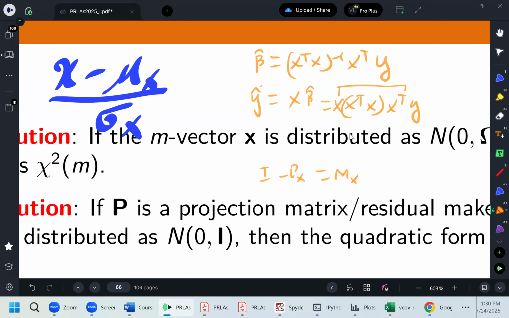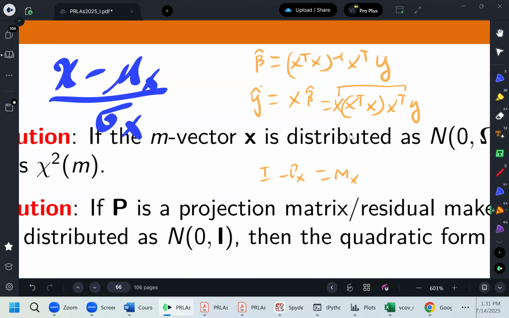But if the dependent variable is out of the space, you have to project it to the X matrix space, right? So everything you can predict is this part, but not the part from here to here.